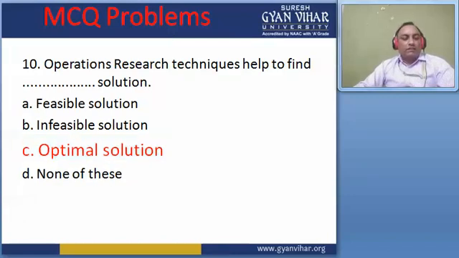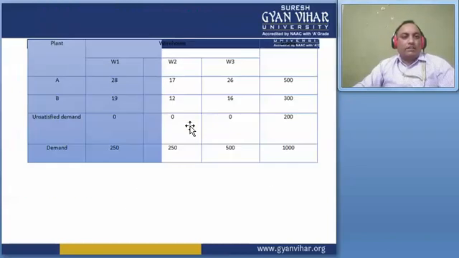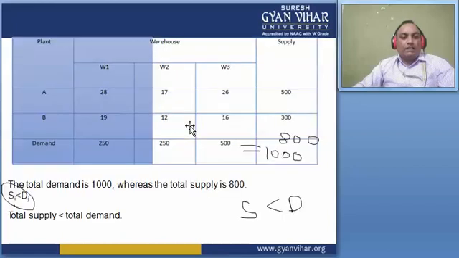So for today's lecture, the MCQ problems are finished, and now some introduction to the next lecture. In the next lecture, suppose this is an unbalanced problem, which relates to different types of methods, like the northwest corner method, Weim method, or Modi method.